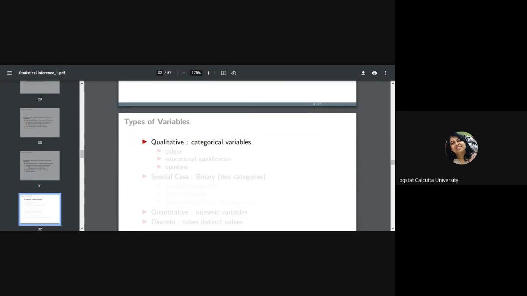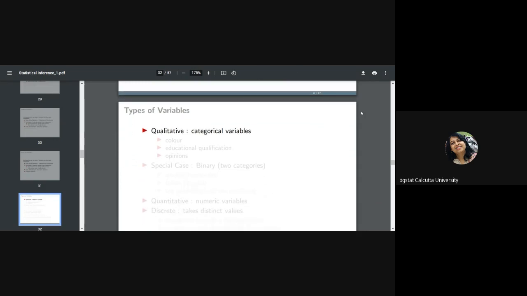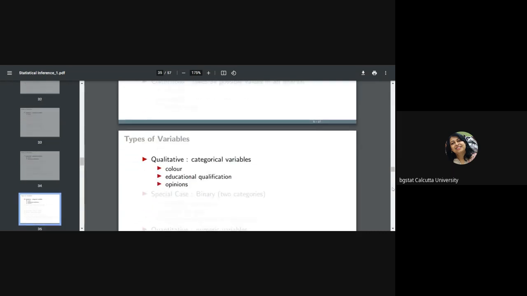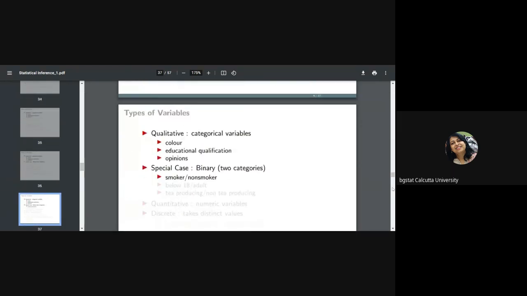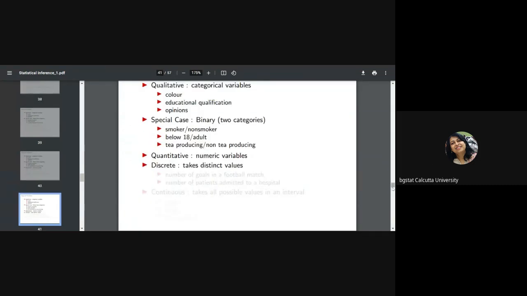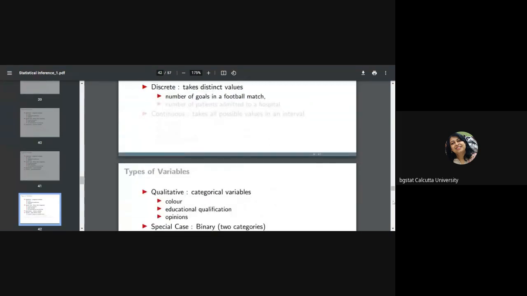I gave you some examples of variables. So another important distinction in statistics is that between different kinds of variables.